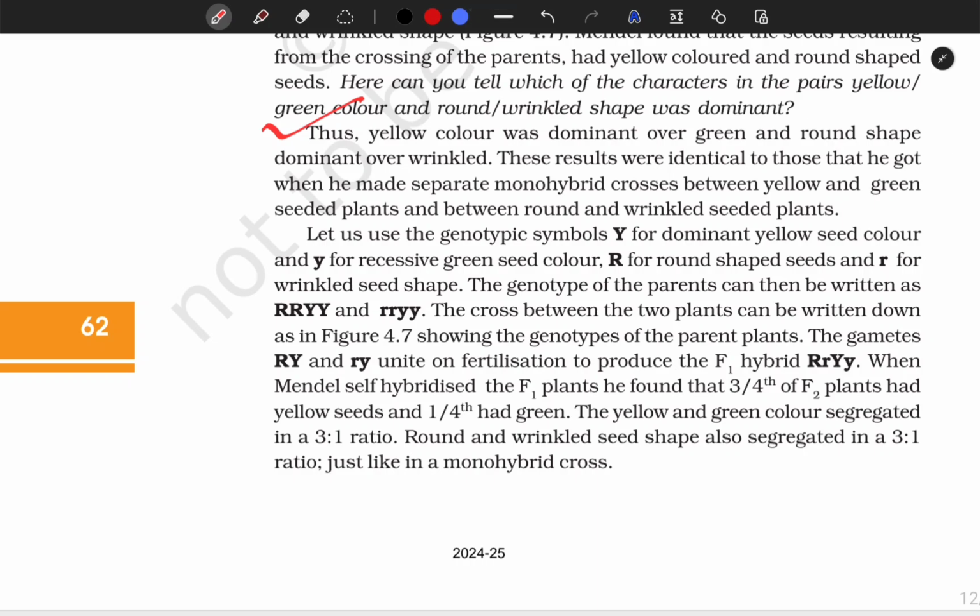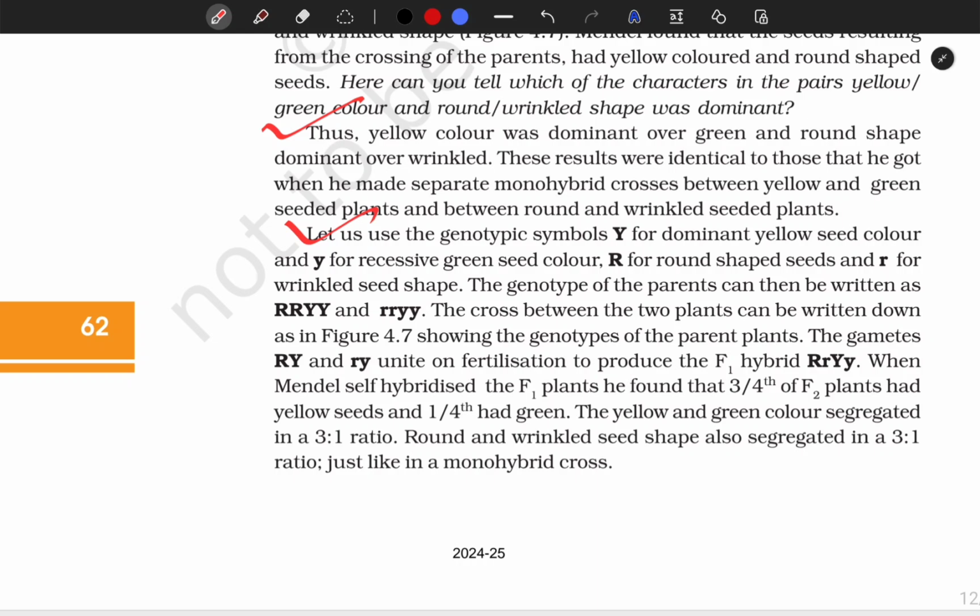These results were identical to those that he got when he made separate monohybrid crosses between yellow and green seeded plants and between round and wrinkled seeded plants. Let us use genotypic symbols capital Y for dominant yellow seed color and small y for recessive green seed color, capital R for round shaped seeds and small r for wrinkled seed shape.